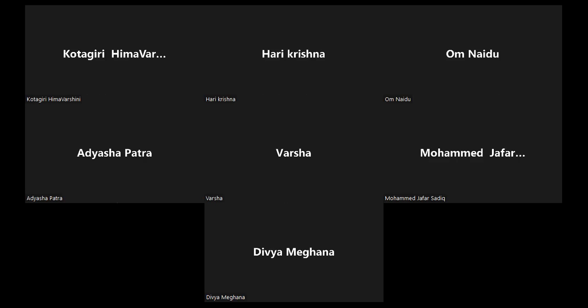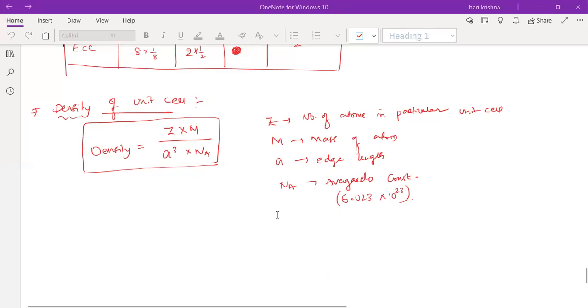In isotropic, the properties of materials are identical. So when you take different directions, the properties of the material will be the same in all directions. Anisotropy means whatever the physical properties are, they are entirely different in different directions inside the given solid.